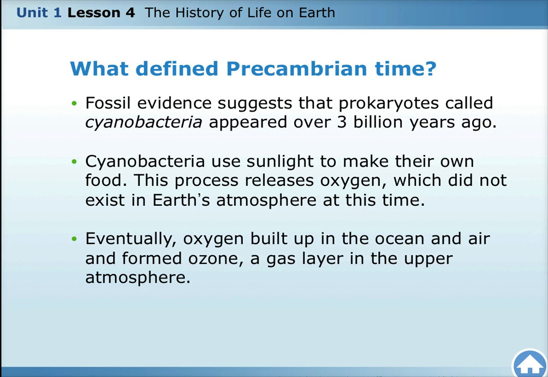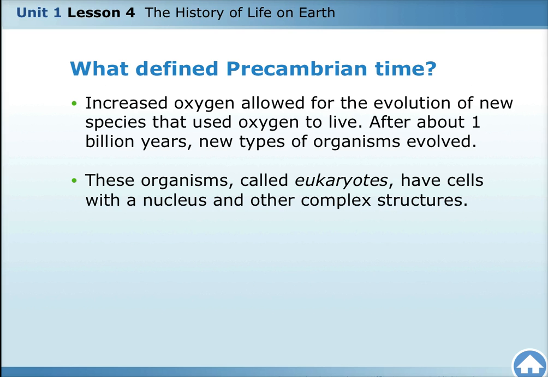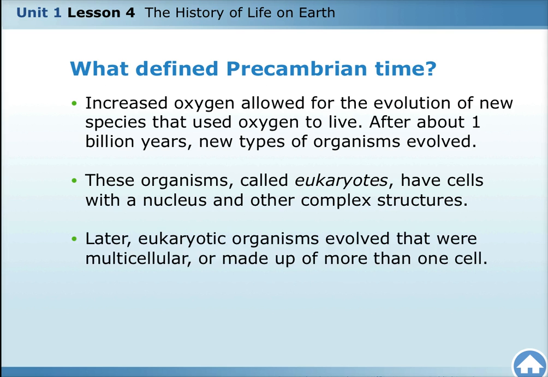Eventually, oxygen built up in the ocean and air and formed ozone, a gas layer in the upper atmosphere. Increased oxygen allowed for the evolution of new species that used oxygen to live. After about 1 billion years, new types of organisms evolved. These organisms, called eukaryotes, have cells with a nucleus and other complex structures.